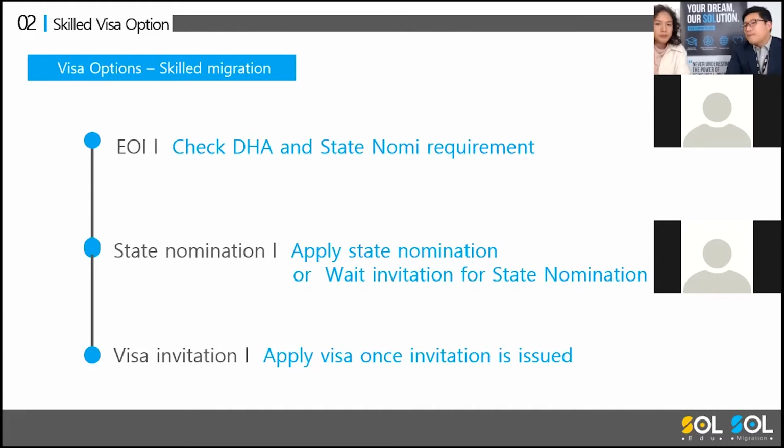Anyway, if your state nomination application is approved, you will finally get a visa invitation, and then you will get the link to apply for the visa. The same as 189, you will not get any bridging visa until you get the visa invitation. Yes, that is very important.